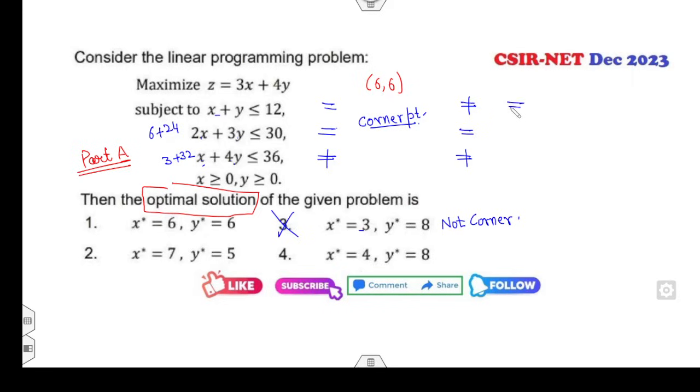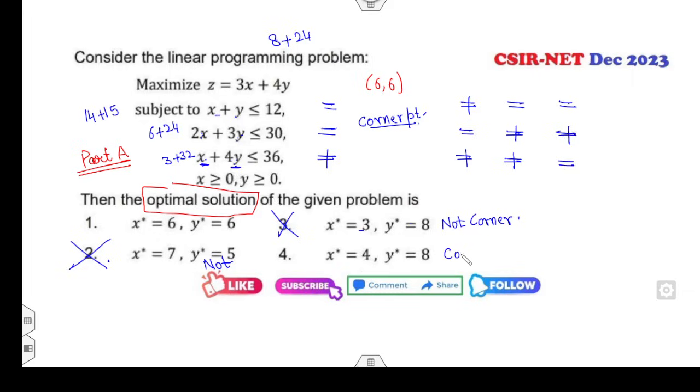7,5: 7 twos are 14 plus 15 is 29, equality not satisfied. 7 plus 20, equality not satisfied. So that is not a corner point, so that is not the optimal solution. 4,8: 8 plus 4 is 12, satisfied. 48 plus 24 is 32, and 32 is not satisfied at equality. 4 plus 32 is 36, satisfied at equality.